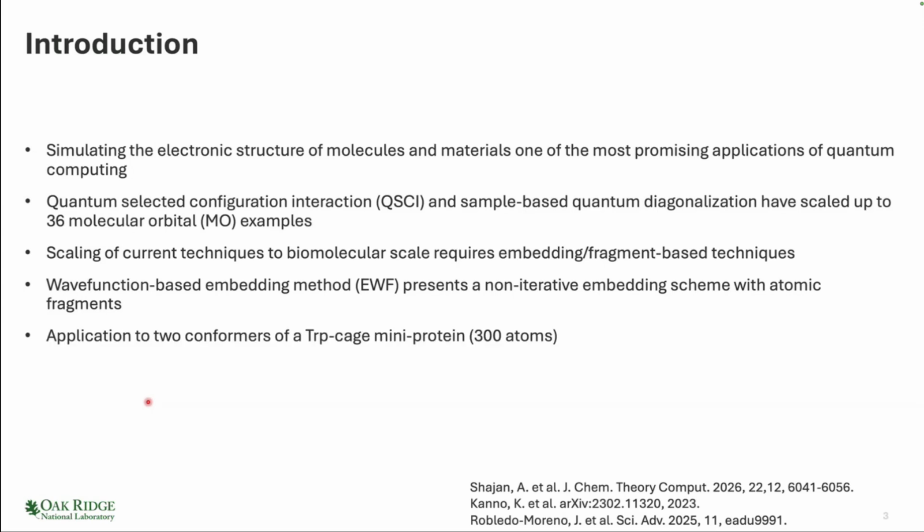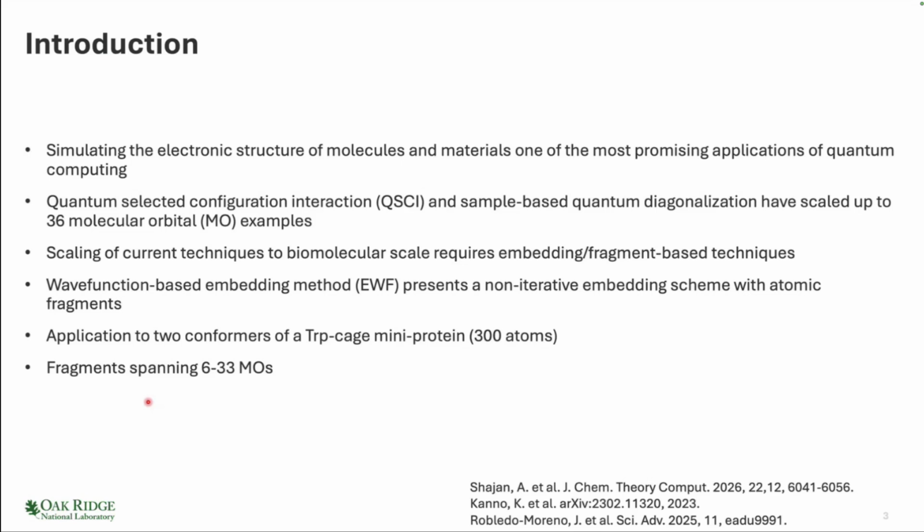In the first work, we're going to look at two conformers of this TRP cage mini protein, which I said is about 300 atoms. When we fragment that, that'll span system sizes of 6 to 33 MOs. Maybe for those who aren't chemists, to get an idea of the dimensionality we're talking about: normally in chemistry, when we map it onto a quantum computer, we'll use what's called the Jordan-Wigner mapping, where each MO will get mapped onto 2 qubits.